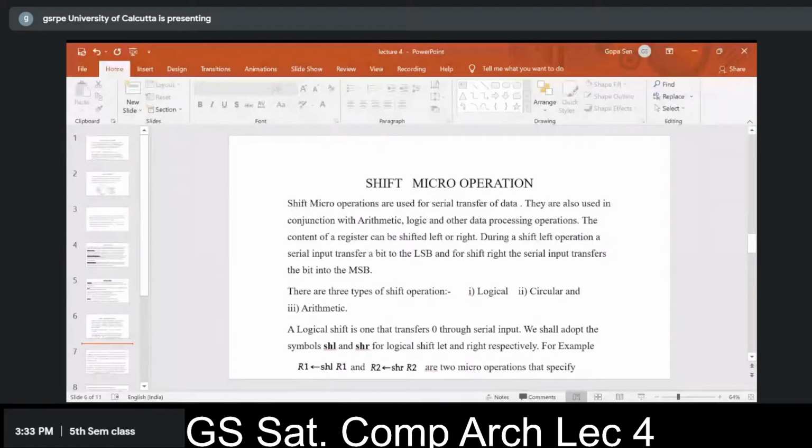Shift left and shift right are the two logic micro operations. Here the source and destination registers are the same. Now when our shift left operation is executed, what will actually happen? Let us see what actually happens.